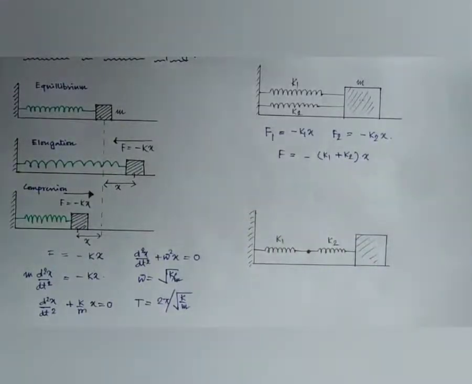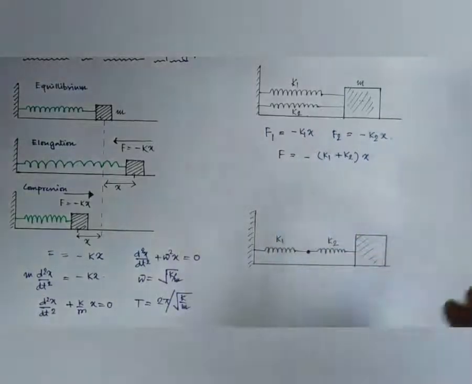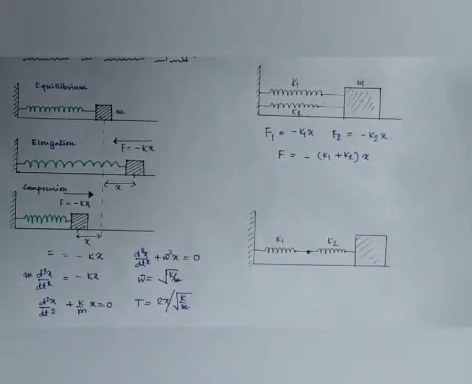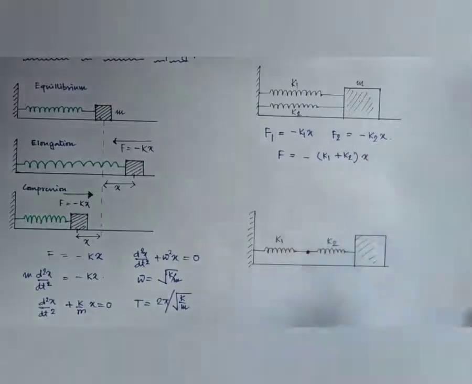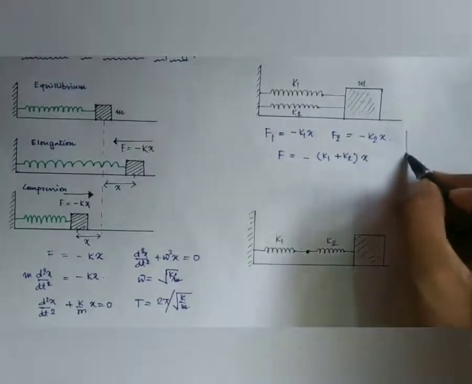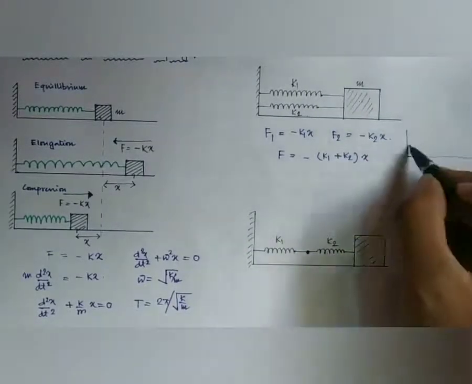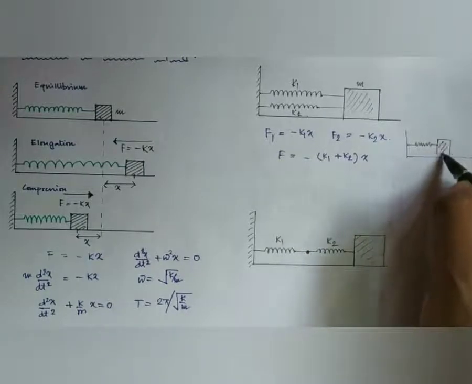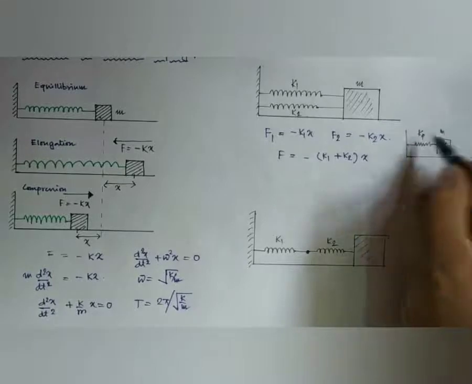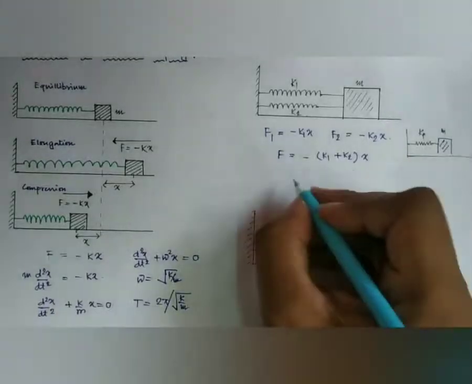Now, suppose we use a single spring that will produce the same motion, say Kp.